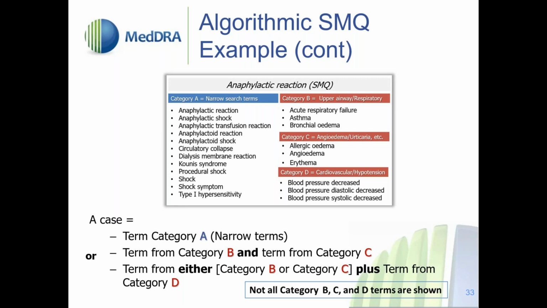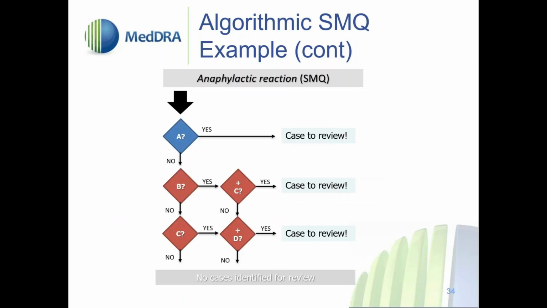And here's how the algorithm will work. So the algorithm will start always by looking for narrow terms, and that's your group A. So it always looks for narrow terms. If it finds any case in the narrow terms that are very specific, it will tell you here's a hit. If it doesn't find a case in the narrow terms, it will start looking in the broad terms based on your algorithm.